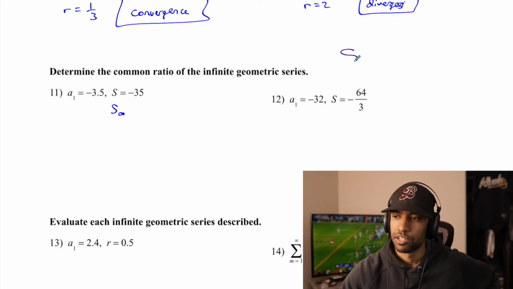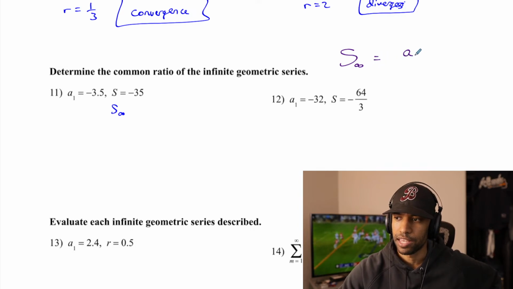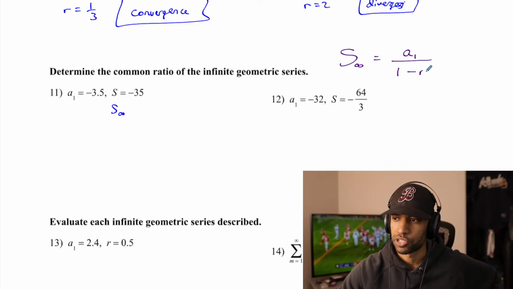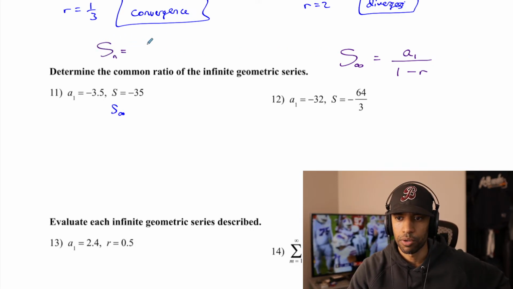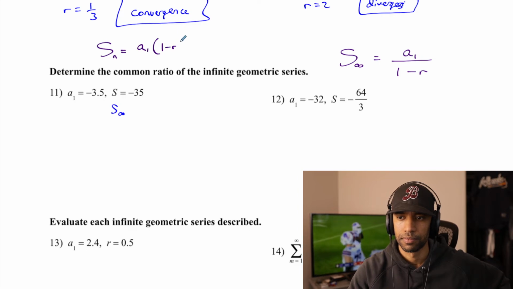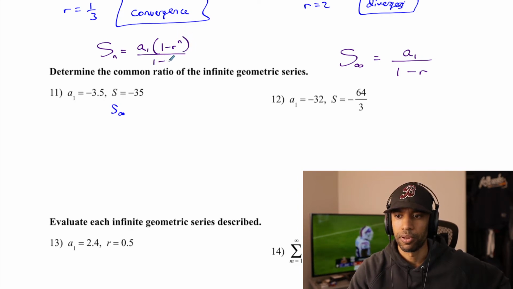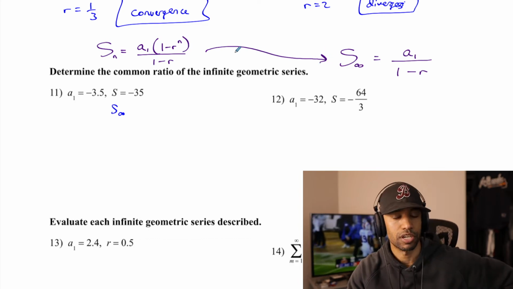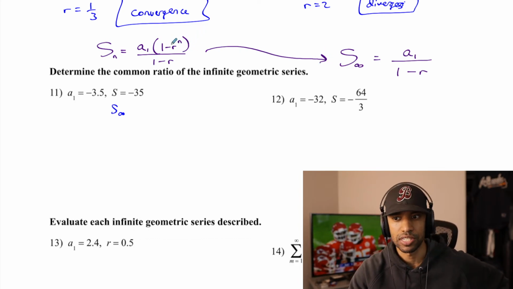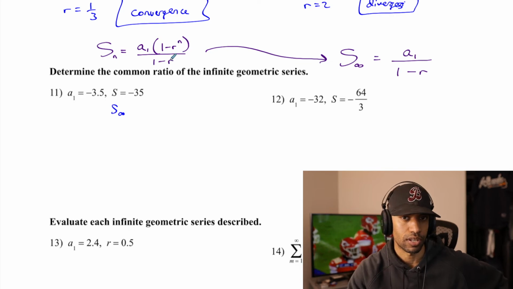and it's this. To find the infinite geometric series sum, it's going to be a sub 1 over 1 minus r. Now, this is taking this formula here and applying the notion that we are only using this formula if there's convergence. And if there's convergence, that means that the absolute value of r is less than 1.